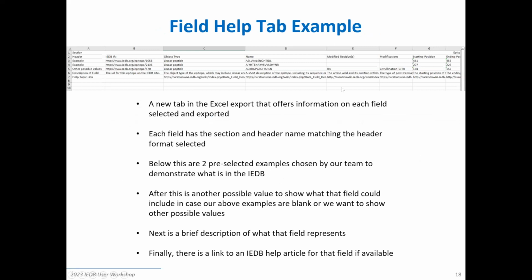Here is an example of the help tab that I spoke about, which is only in the Excel format because of how they do sheets. It's a separate sheet, and it follows the same format as the export itself, where you have the section, which, this one's an older picture, but it would have epitope, IEDB, and then you have 3 examples here. 2 of them are pre-selected examples chosen by our team.